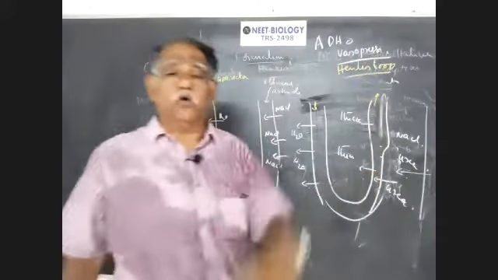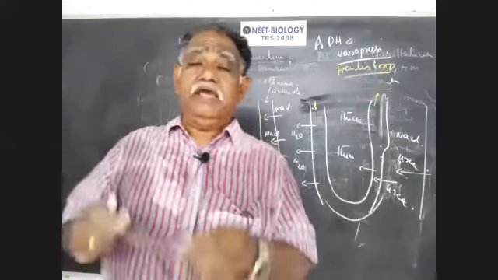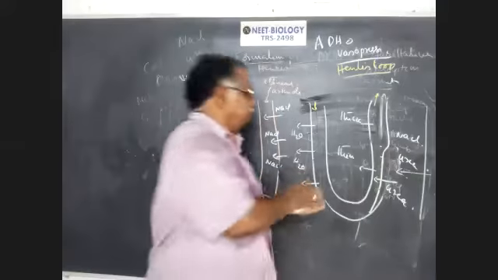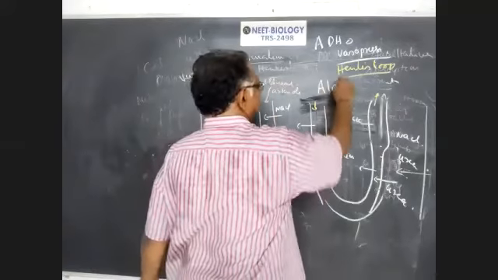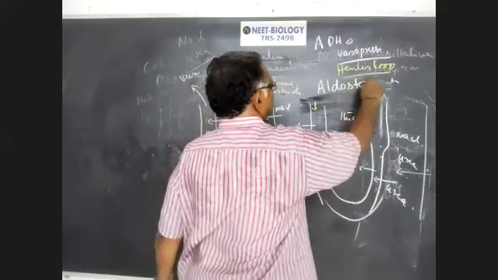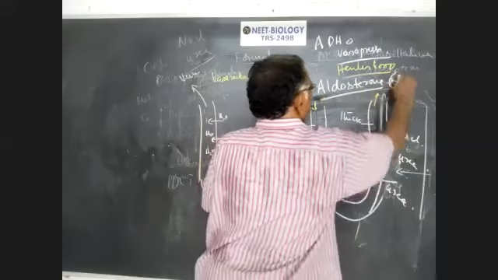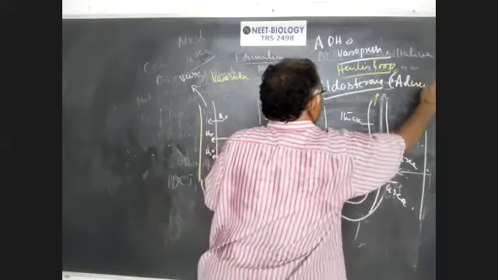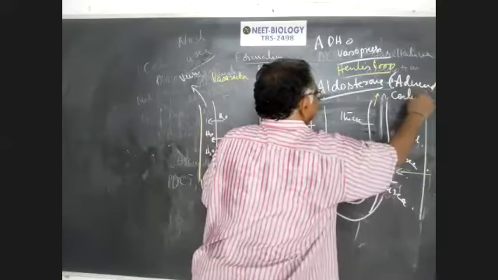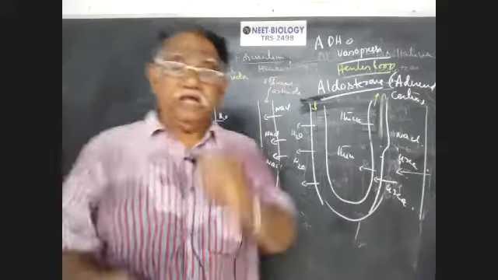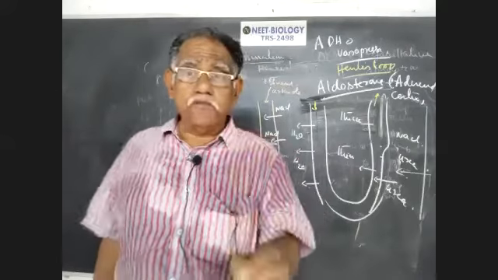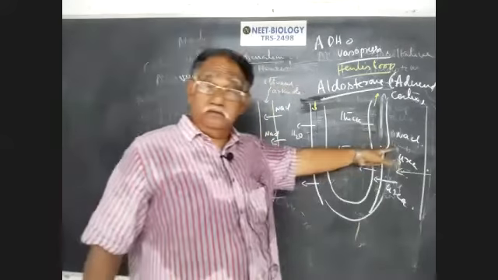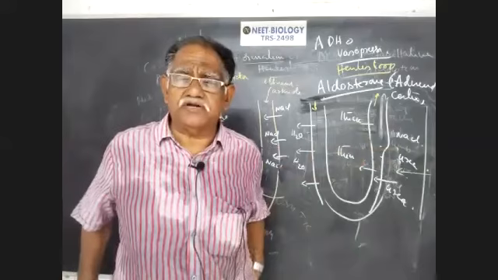And another hormone, aldosterone, is secreted by the adrenal cortex. Aldosterone is responsible for the reabsorption of sodium and chloride from the distal convoluted tubule and collecting tubule.